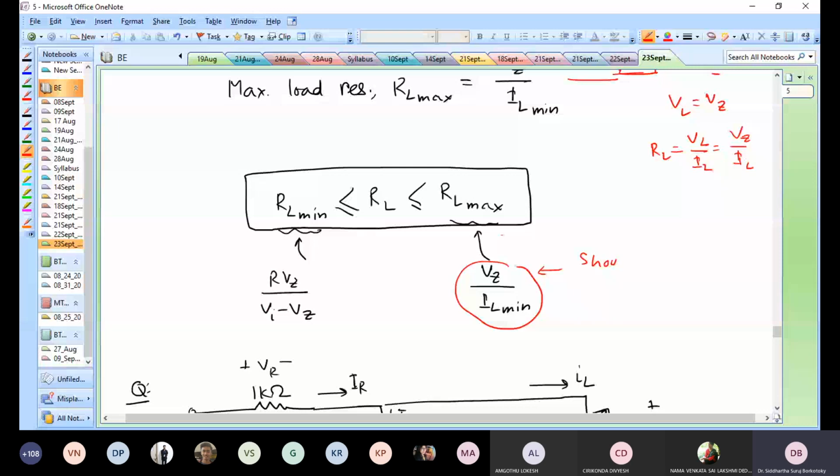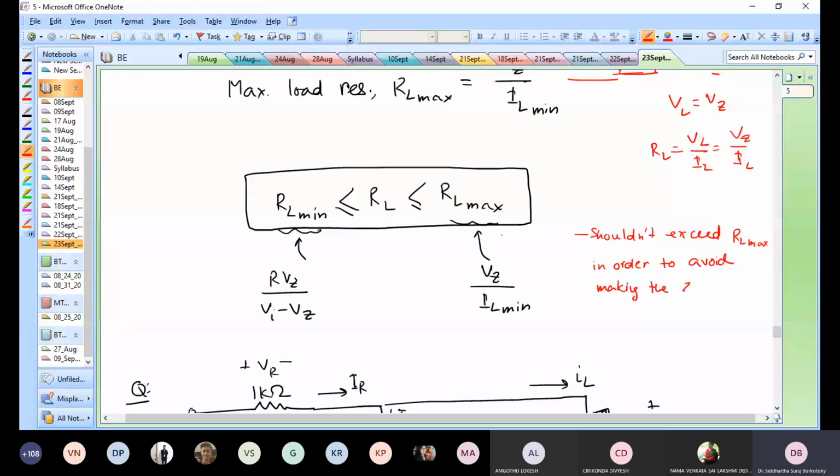So the point is, we shouldn't exceed RL max, in order to avoid making the Zener current greater than IZM.